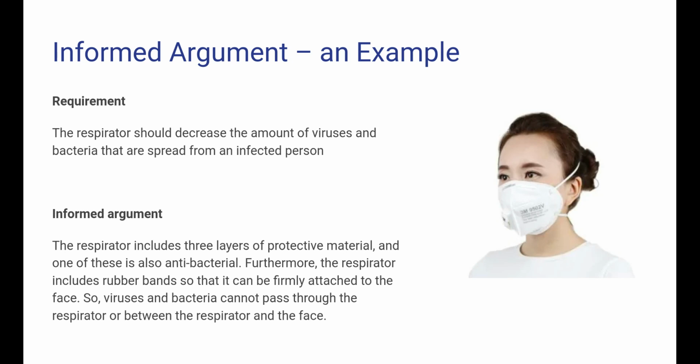It just argues from the structure of the respirator, stating that it includes 3 layers of protective material, and some material is also antibacterial, and the respirator includes rubber bands, so it can be firmly attached to the face. And based on those facts about the structure of the artifact, you say that the viruses and bacteria cannot pass through the respirator or between the respirator and the face.